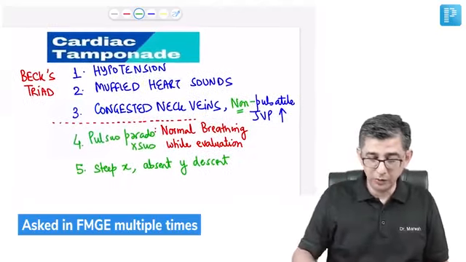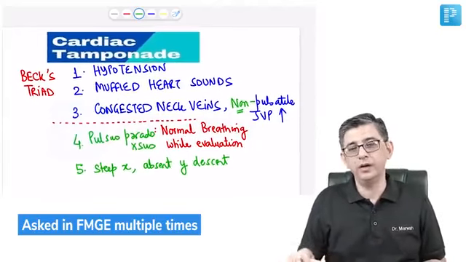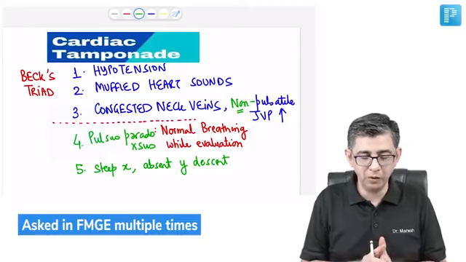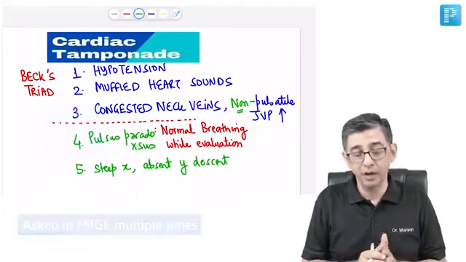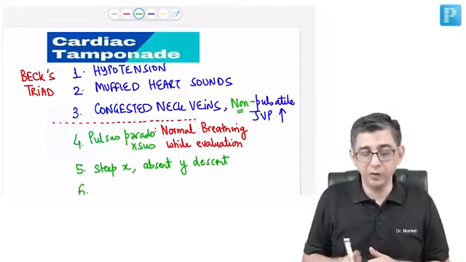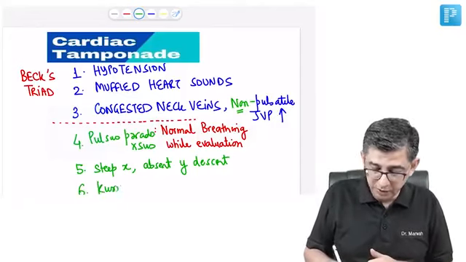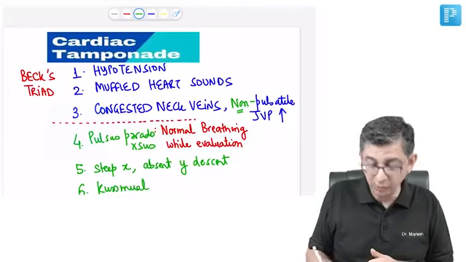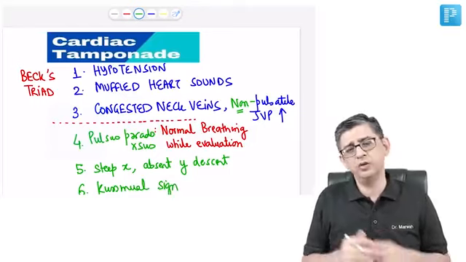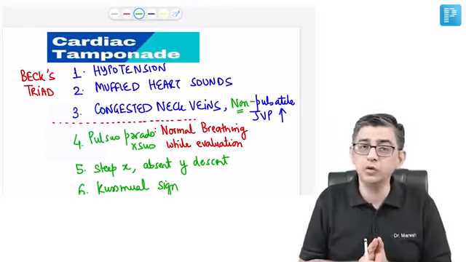Most of the MCQs with respect to cardiac tamponade will incorporate the data that are put up in green, because the remaining things are easy. Nobody will mess up an MCQ in cardiac tamponade with respect to Beck's triad. It is mainly point number 3, the non-pulsatile aspect, and 4, 5, 6, which are to be remembered. And 6, though it's a repetition, it was important for me to say, because the query of most people is that there is pressure on the heart, so there should be an elevated JVP and it should rise.